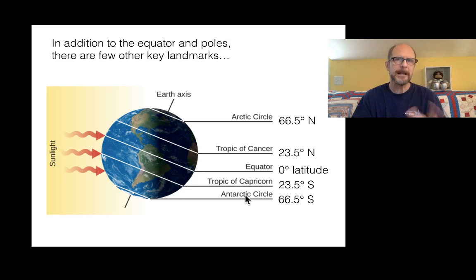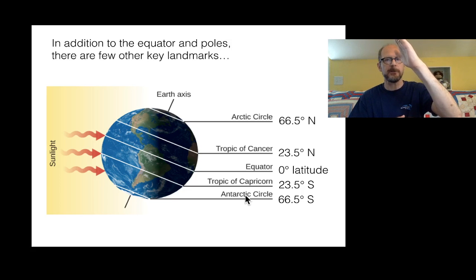But since we're talking about latitude and longitude here, I can't let it pass without mentioning that over the course of a year, the sun is variously over the different latitudes between the Tropic of Capricorn and the Tropic of Cancer. That's because the Earth's axis is tilted by 23.5 degrees from being perpendicular to the Earth's orbit.